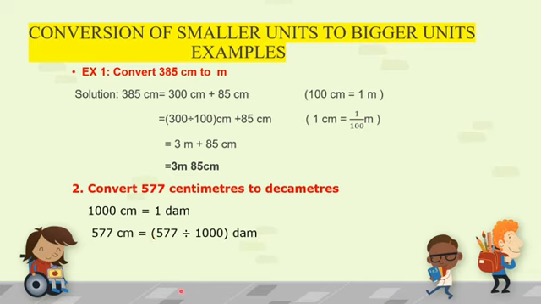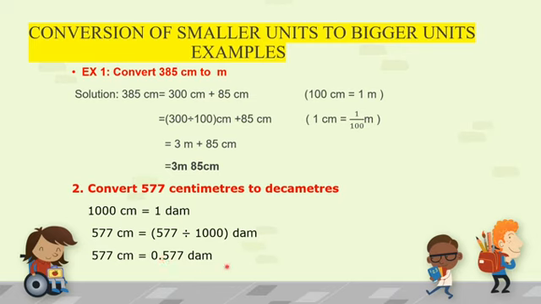So 577 centimeter equals 1s, 10s, 100, 1000. Count the number of zeros, 1, 2, 3, then put a decimal point and then put a 0. So this will be your answer.